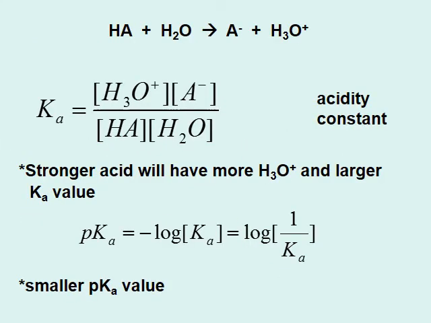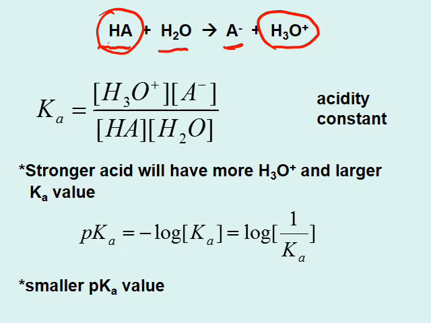Now here we're showing you an expression which is called Ka. The reaction is an acid reacting with water, giving you A-. This is a symbolic representation of an acid rather than an actual formula. And H3O+ is what water changes to when it takes H+.